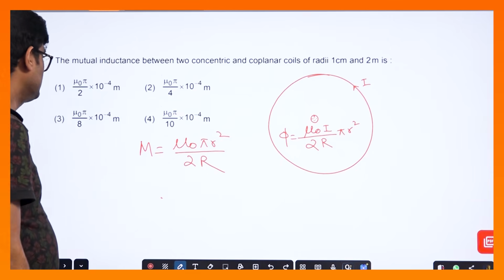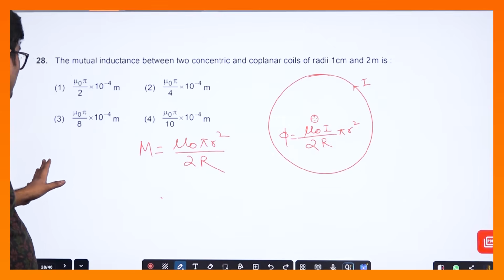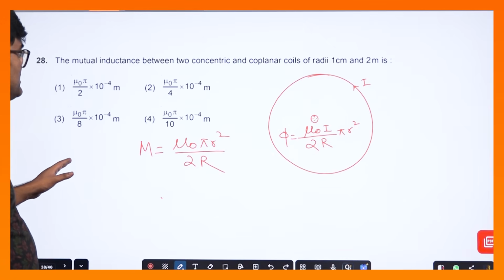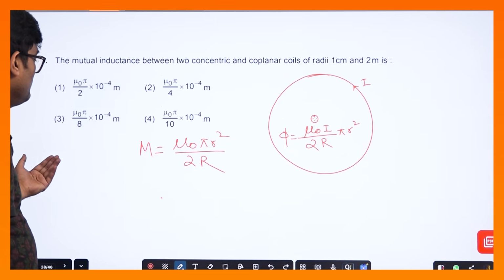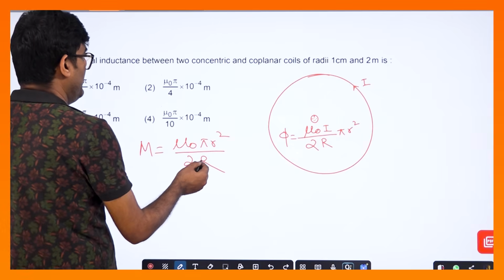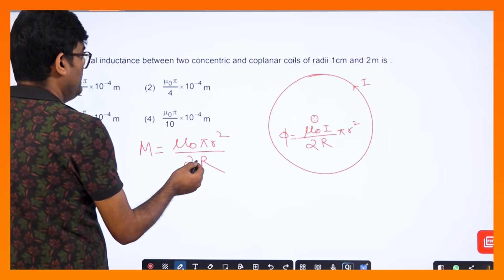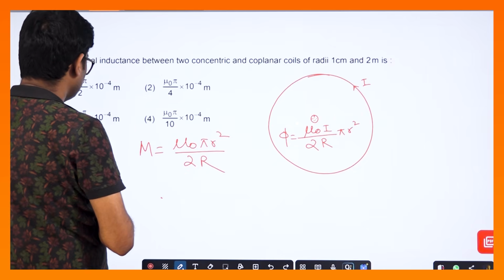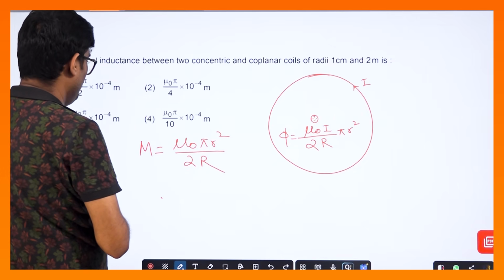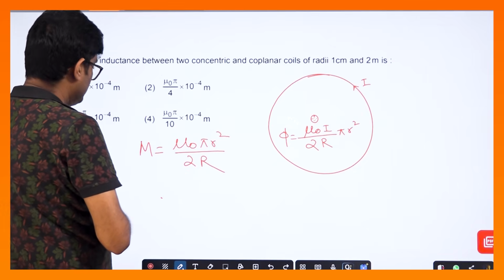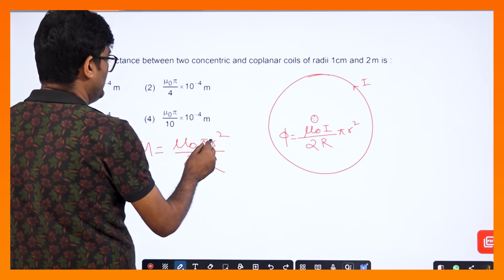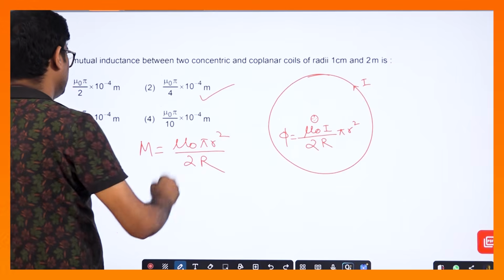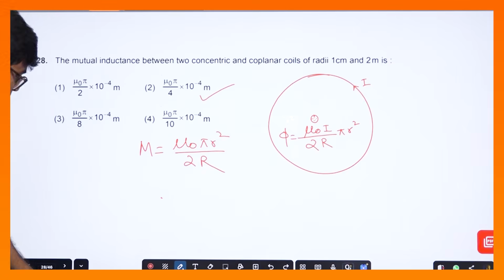Mu naught pi is given in the question, into r square by 2R. r is equal to 1 centimeter, which means 10 power minus 2. Square, it is 10 power minus 4, divided by 2R, which means 4. So 10 power minus 4 by 4 is the option. Option 2 is the correct answer for this question.